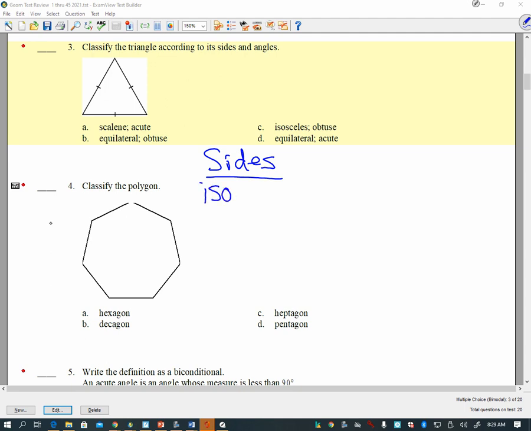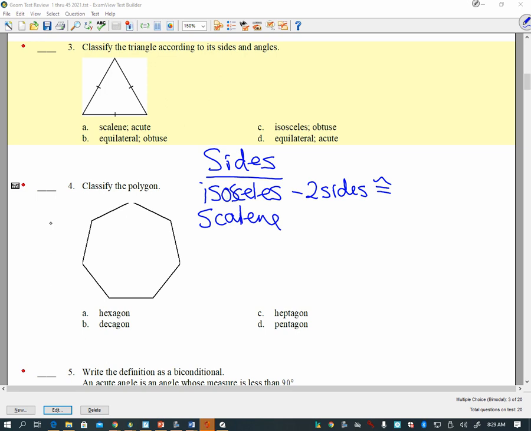Isosceles. Okay, what does isosceles mean? 2 sides what? 2 sides congruent. Okay, what's another classification? Scalene.